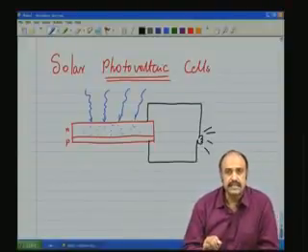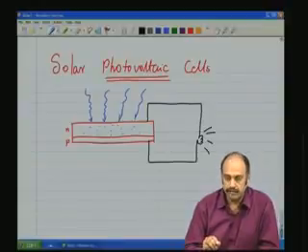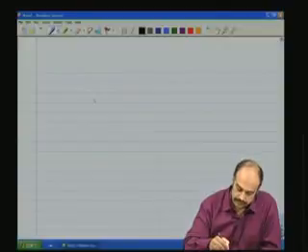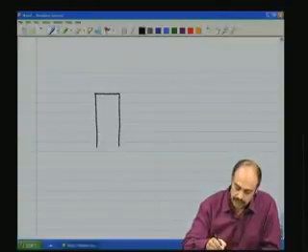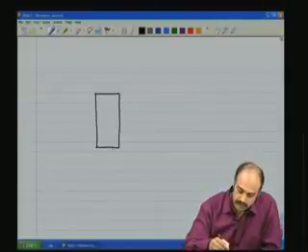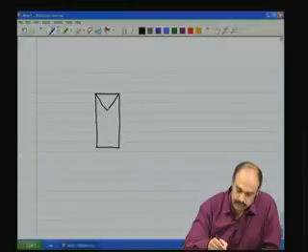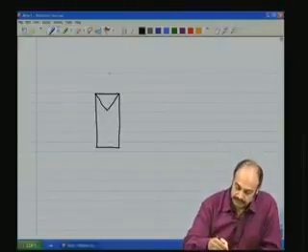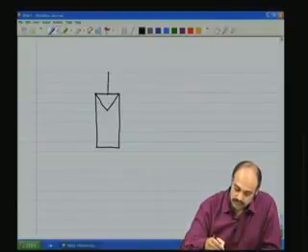How do we represent the photovoltaic cell on paper? It is like this. We have a rectangular block like this and a small triangular niche up there. Looks like a post cover, and it has two terminals.